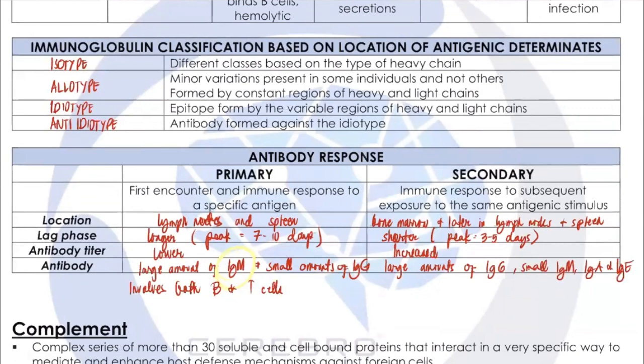So large amounts of IgG, and small amounts of IgM, IgA, and IgE. IgG is the predominant antibody in the secondary response.